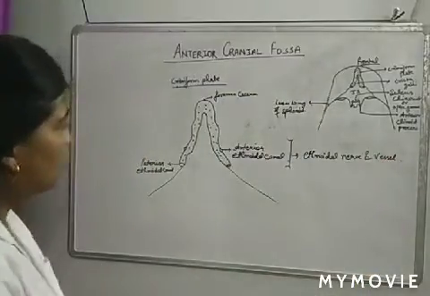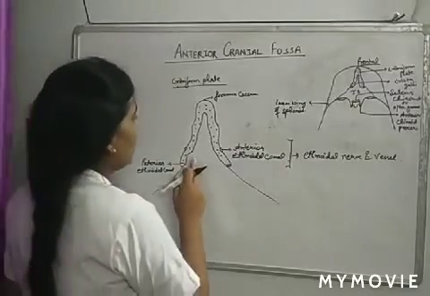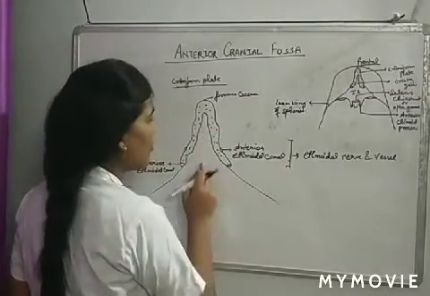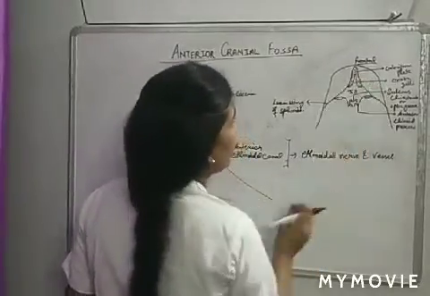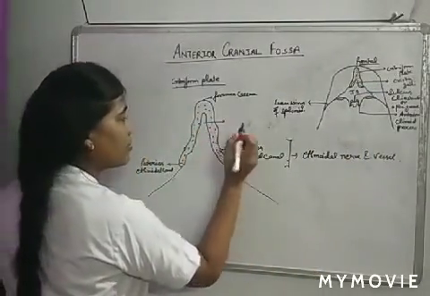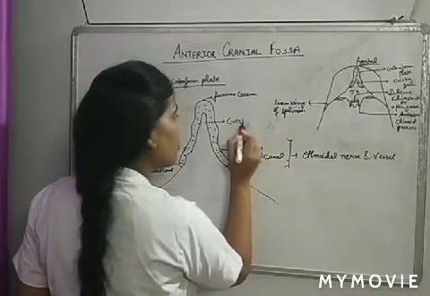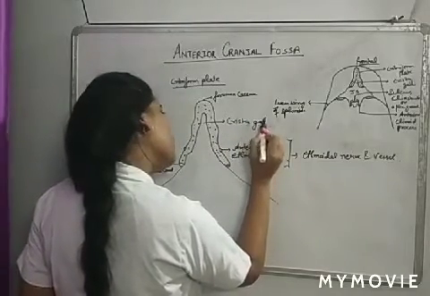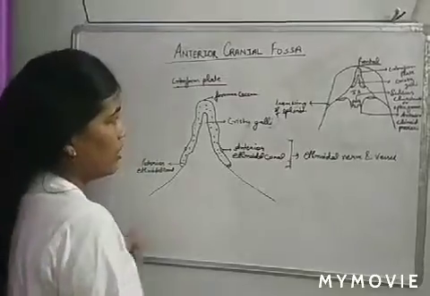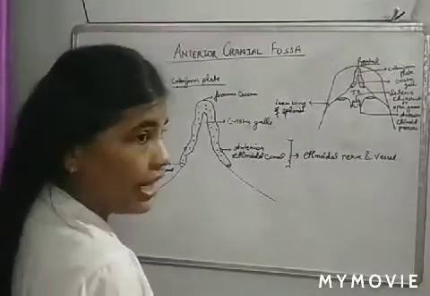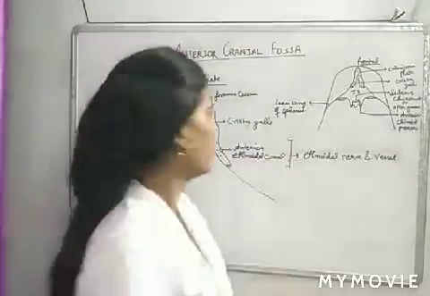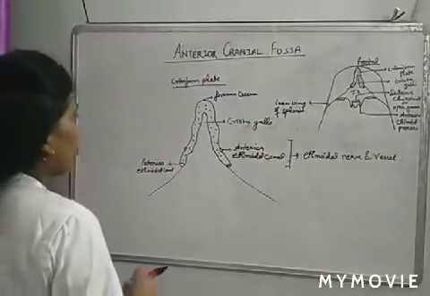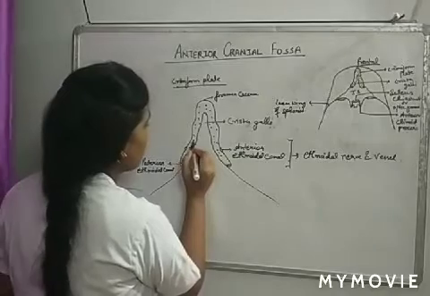Now, in the center of this cribriform plate, there is a bony projection, that is the crista galli. The crista galli is the bony projection, which is also called the cock's comb. Now, here are several foramina.